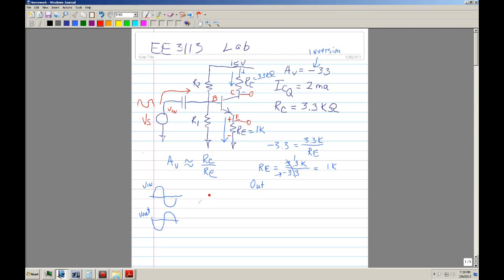You can always say this is another rule: the current IC is almost equal to IE. So this is IE and this is IC. Whatever current flows here has to be the same or close to it.